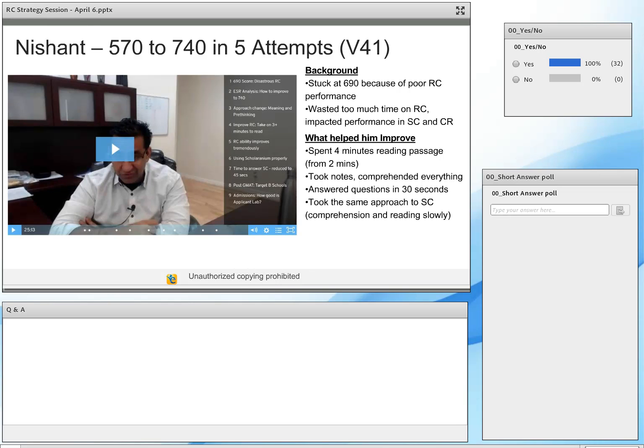All I'm asking you to do is redistribute your time. How many of you take about 1.5 to 2 minutes to solve an RC question, not the passage, each question in an RC passage? So what I'm asking you to do is move that time into your reading time of the passage, into your comprehension time of the passage.